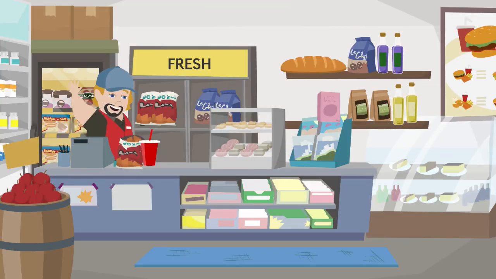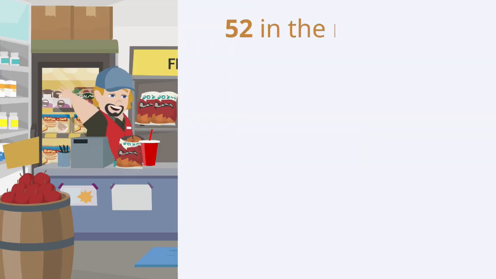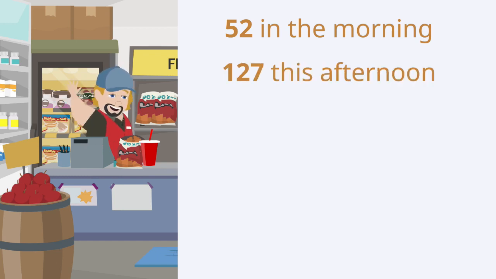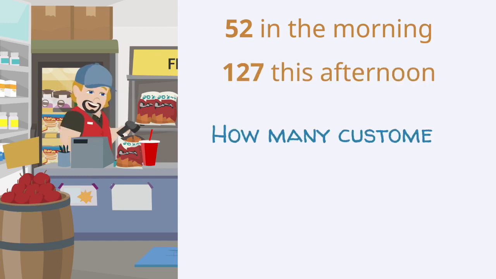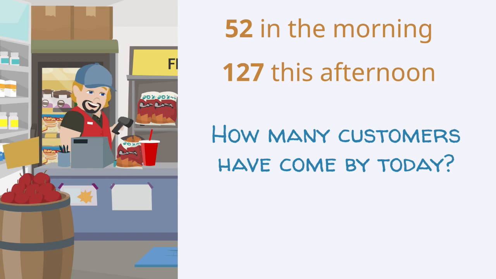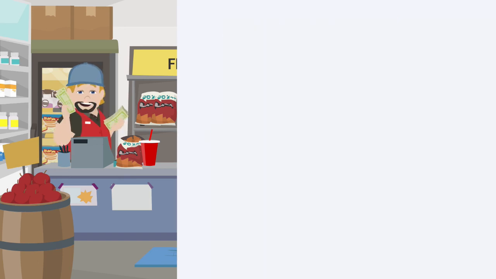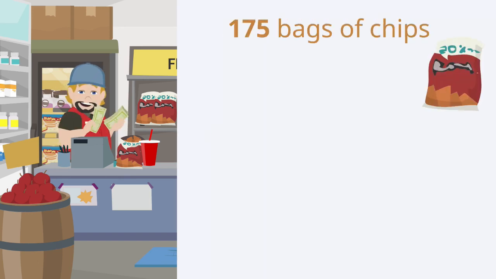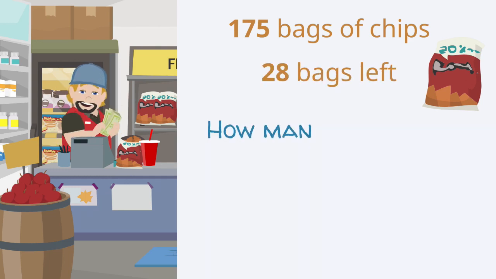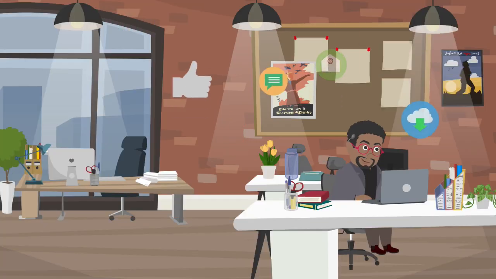Rick owns a small shop. He said 52 customers came in this morning and 127 this afternoon so far. How many customers have come by today? Rick said he had 175 bags of chips delivered this week. He has 28 left. How many did he sell? Christoph is a social media manager.